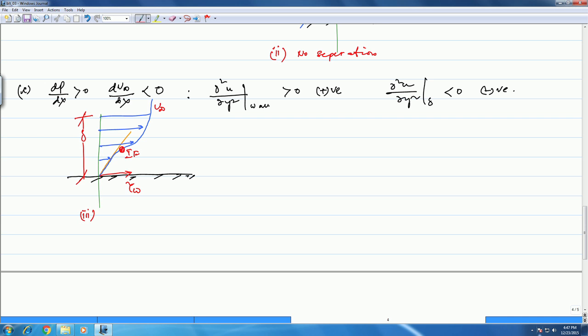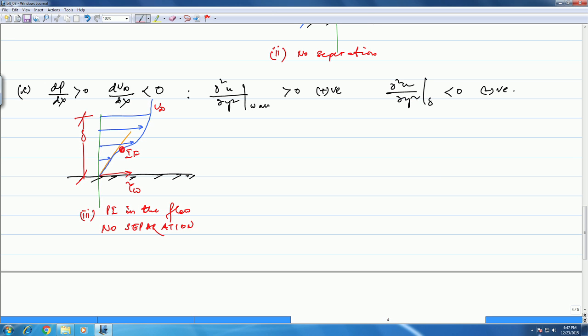The point of inflection is basically in the flow. No separation.